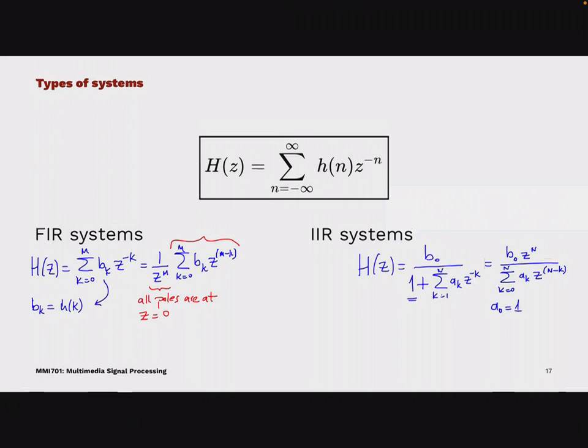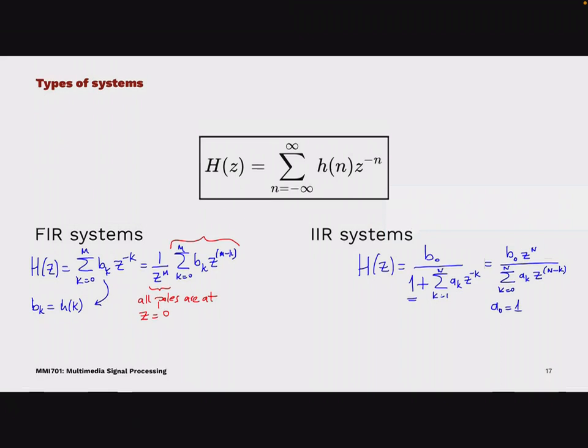We can have an all-pole system like this one, or we can have pole-zero systems, which have both zeros and poles, which can eventually be represented as a cascade of two systems, which are all-pole and all-zero systems. Okay, so this is an example of an IIR system.